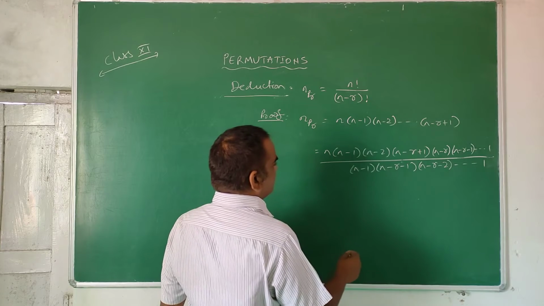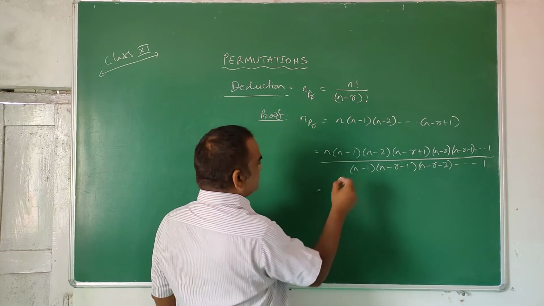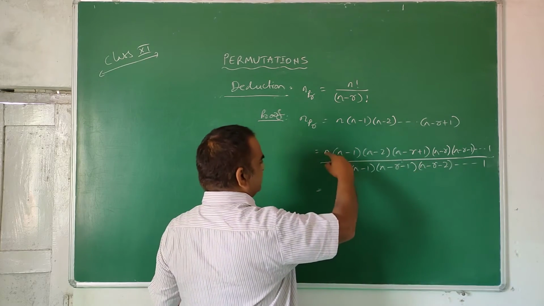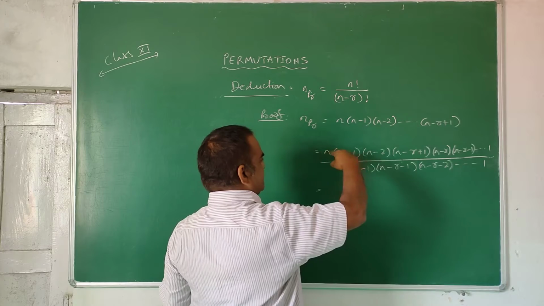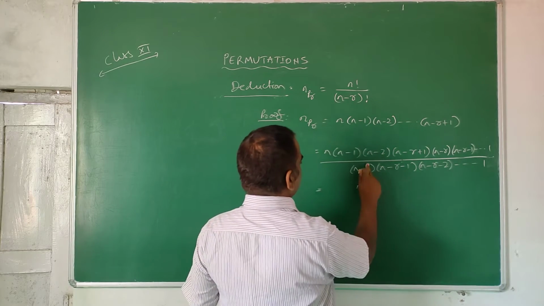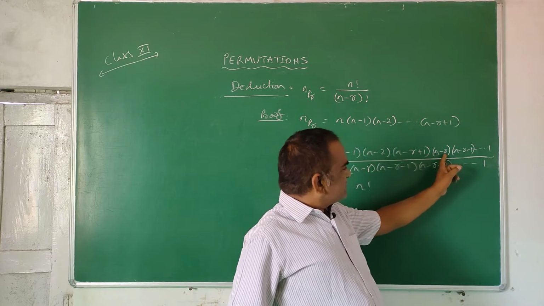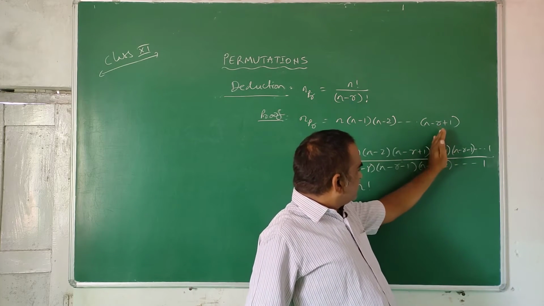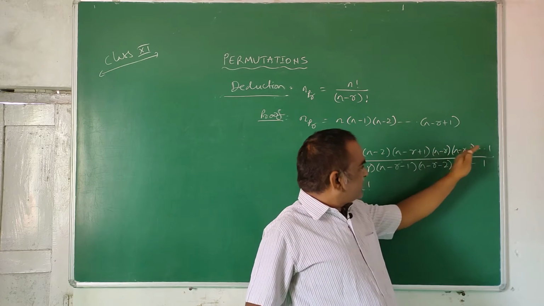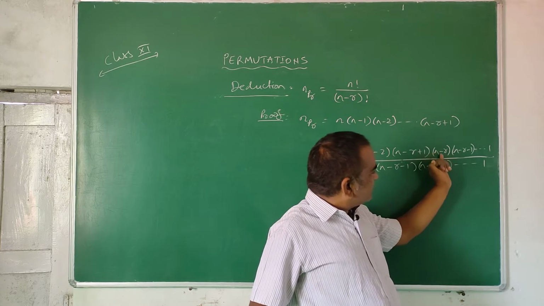Now what will happen? This n into (n minus 1) and so on up to 1, the continued product of the first n positive integers, is n factorial. Actually, it was existing till here, so you have made the continued product up to 1, and additional multiplication has begun from here.